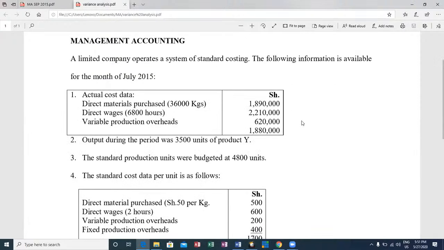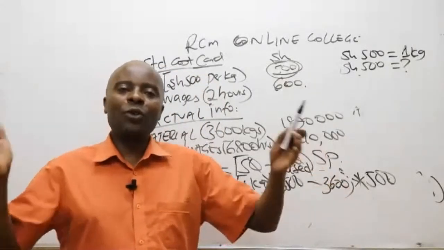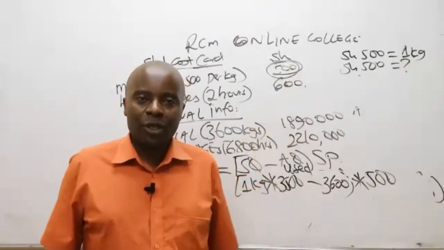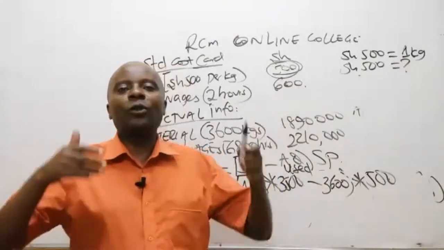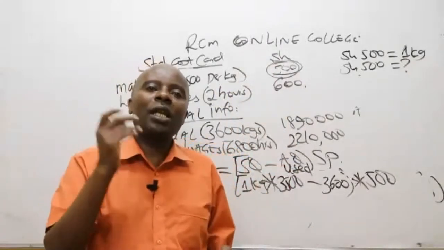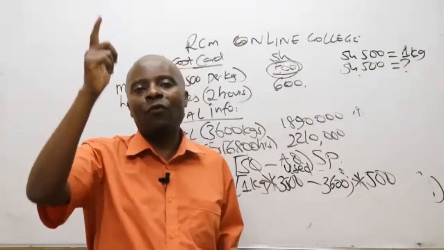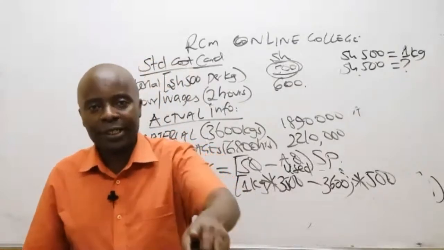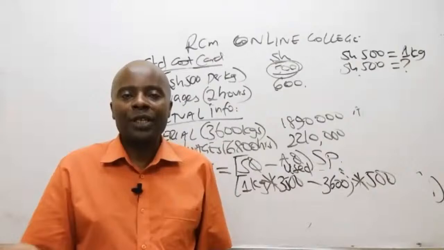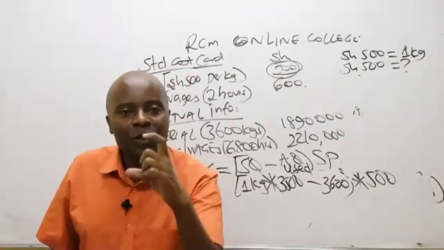The quantity surveyor will tell you, for you to be able to do this entire house, I project you need 1,000 bags of cement. Fine. And then you go to the stage of actualization. You put a contractor on site. The contractor starts working on your house. And at the end of it all, he tells you, I've finished the entire house and I used more bags of cement than you had set. Perhaps I used 1,200. That is poor performance. That is bad performance. It is what we are calling adverse.